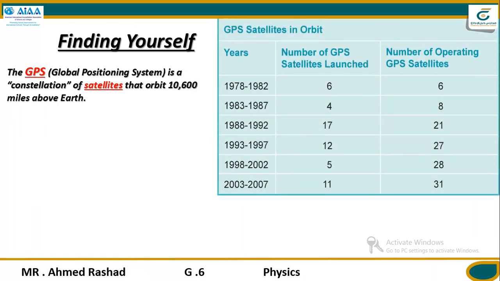So you can take a look at this table that shows the GPS satellites used to find location on our earth's surface across different periods, beginning with 1978 and the number of GPS satellites above the earth in 2007.